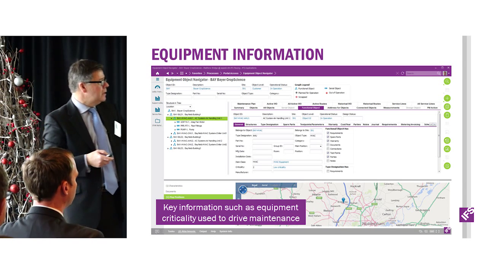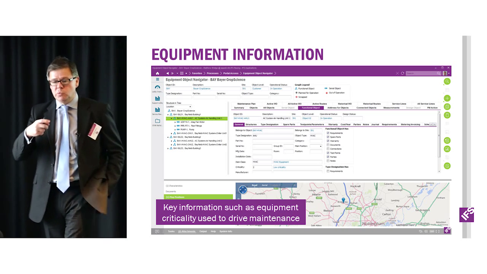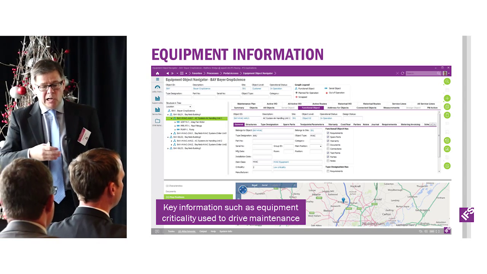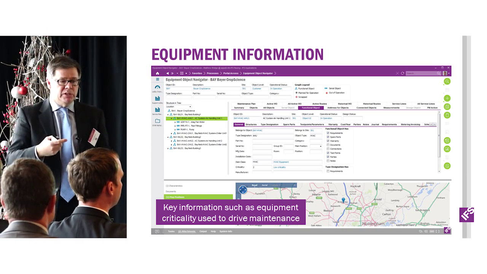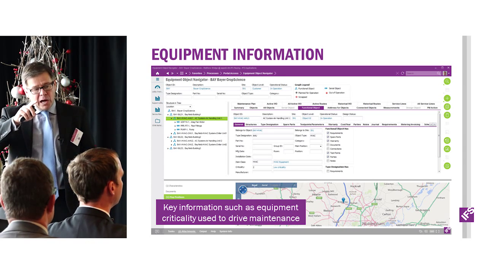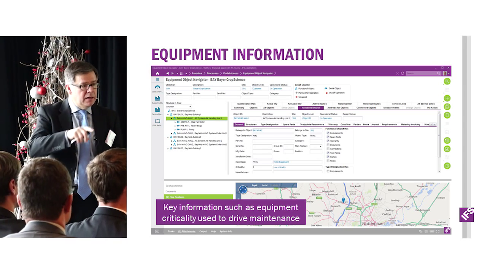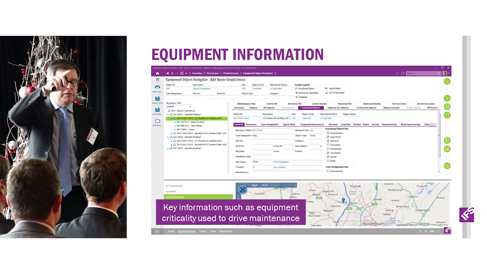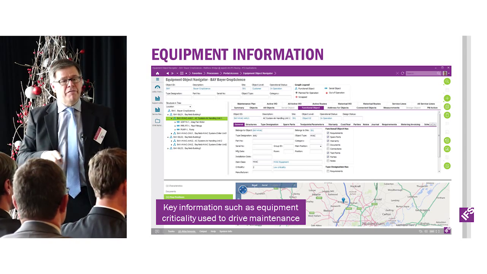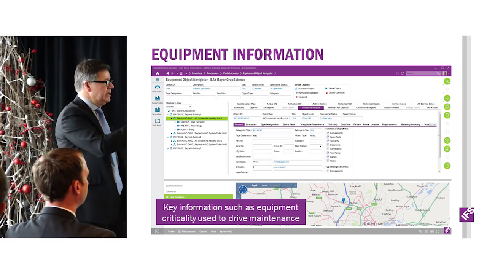We have features like criticality. One of the areas that we have done quite a lot of work, and we are continuing to do work in, is risk-based maintenance, and the whole loop of failure mode and criticality effect analysis, so that we can analyse why failures occur and make improvements in the application.